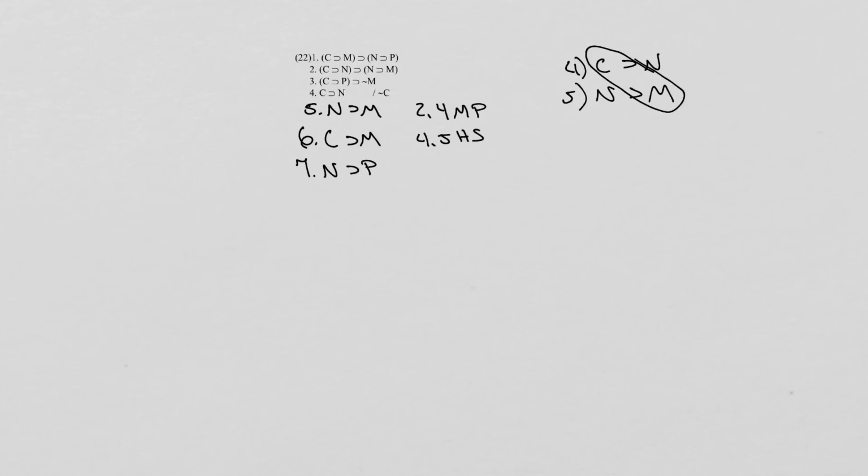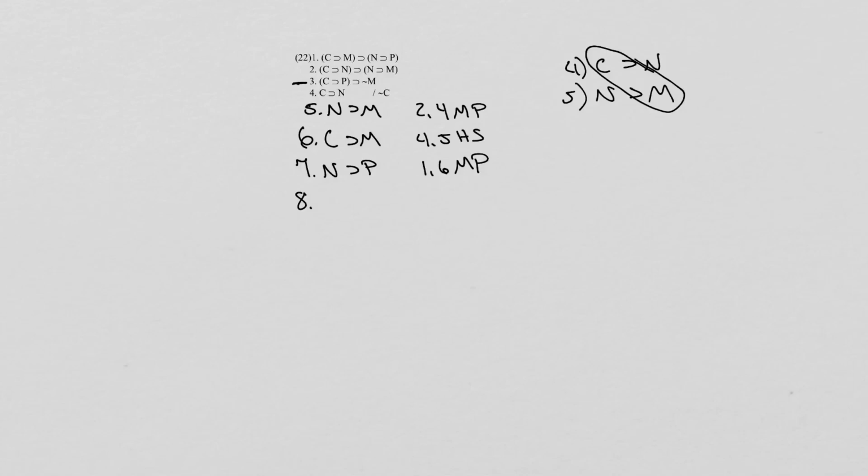Okay, now that gives us line 1 with modus ponens. So now we're going to use 1 and 6, modus ponens. So now we have if N, then P. It looks like we're going to need an if C, then P, because we need that not M right there.